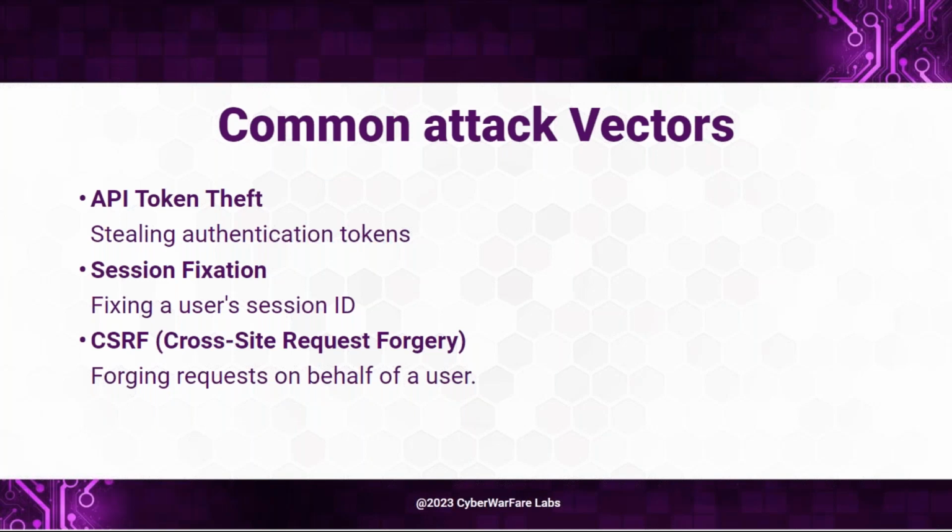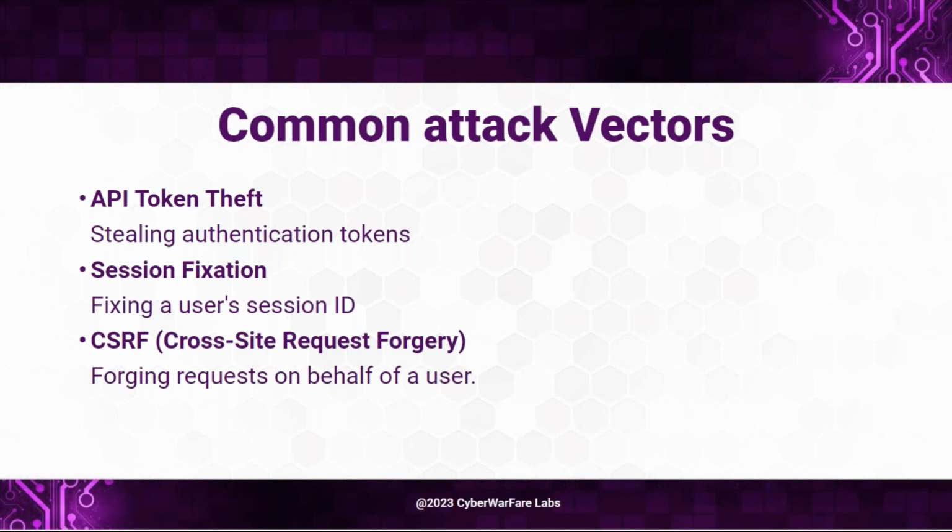It means stealing authentication tokens which are given to users when they log in. This refers to a serious security danger in which attackers try to obtain or intercept the tokens used for authentication in an application programming interface, API.